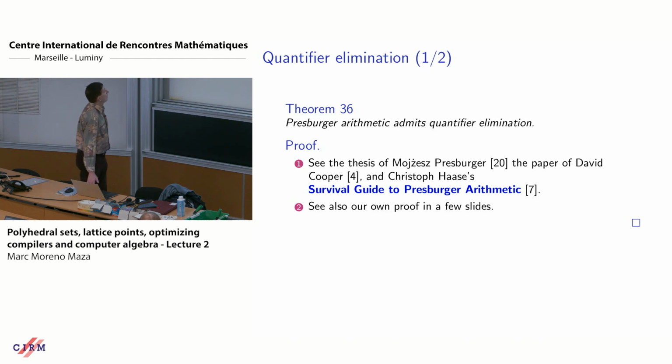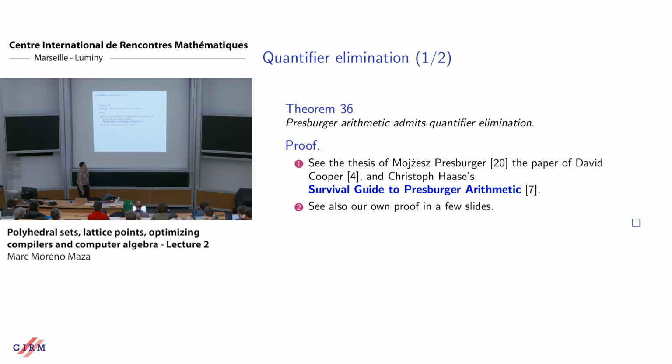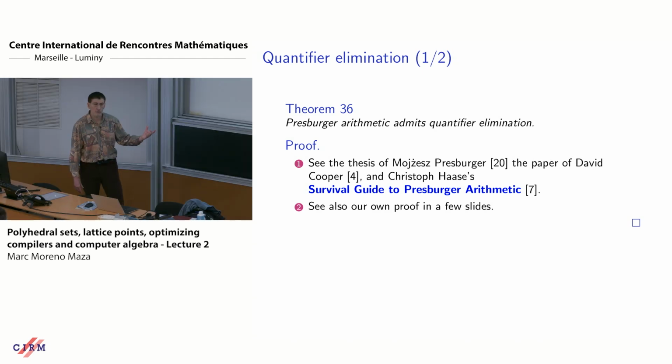Okay, so Presburger arithmetic admits quantifier elimination. That means for each such quantified formula, we can decide whether it is true or false. And if it has parameters, we can find necessary and sufficient conditions on those parameters for the formula to be true. This was first proved in the thesis of Presburger.